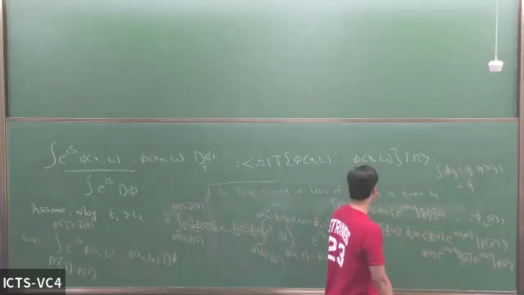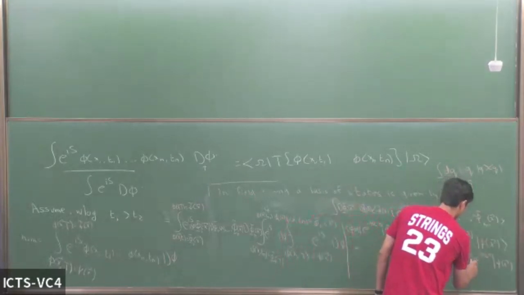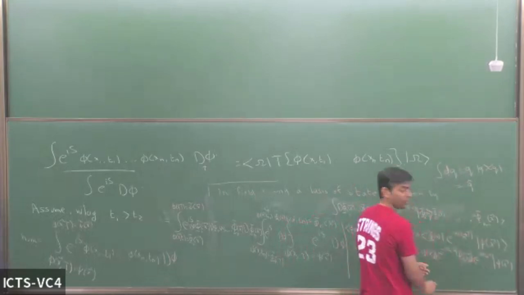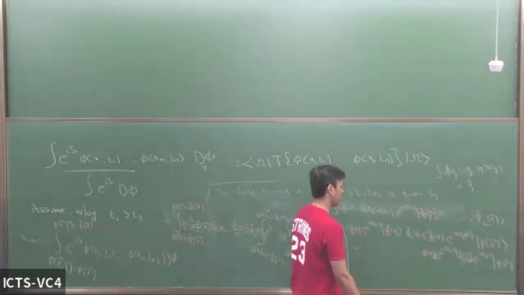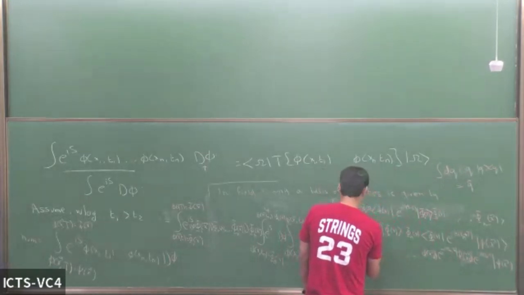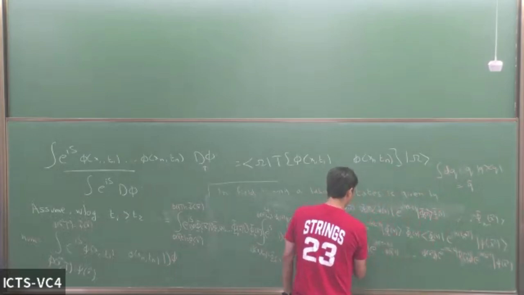I'm not writing a time. If you like, you can write phi of x0 at t equal to 0. This is the operator. Because it's a Schrodinger picture, it's all at time 0, and so on. And here in the end, we have e to the iH (capital T minus T1) phi of x0. And the final state is psi tilde of x.